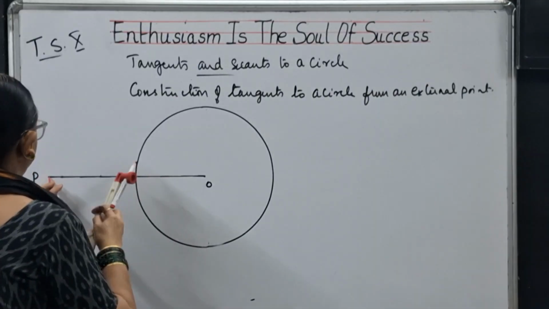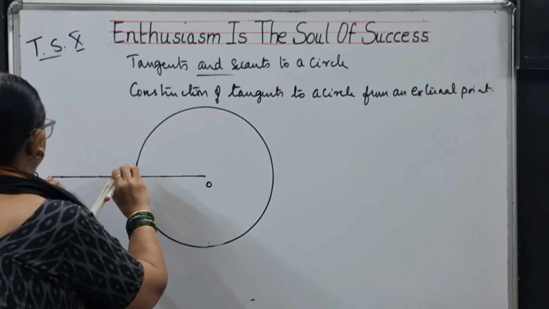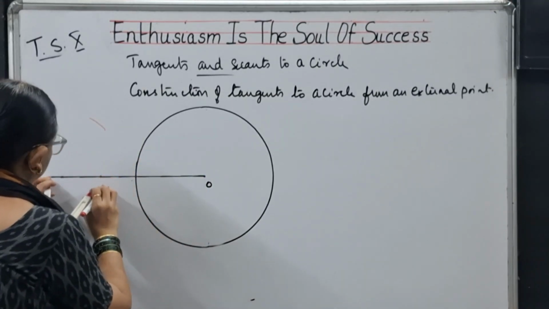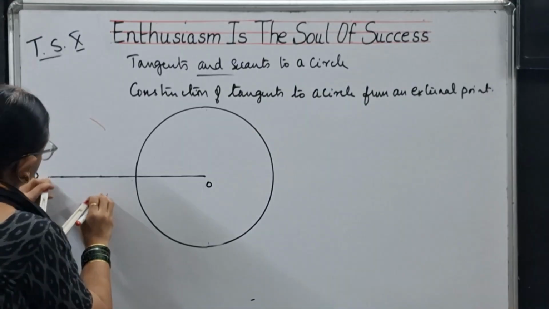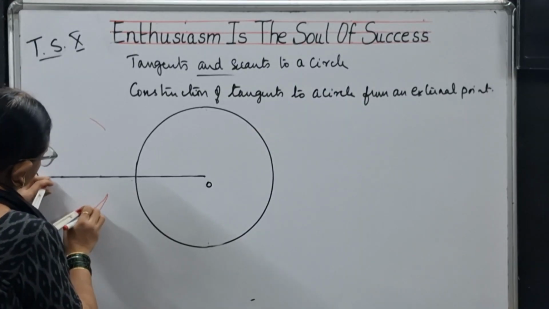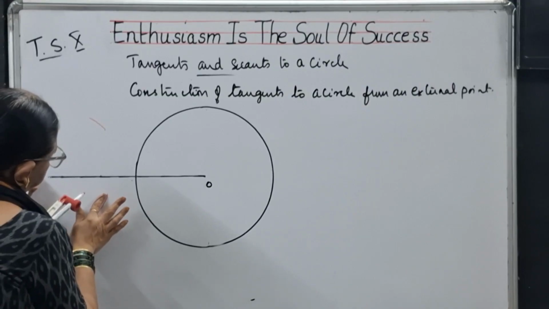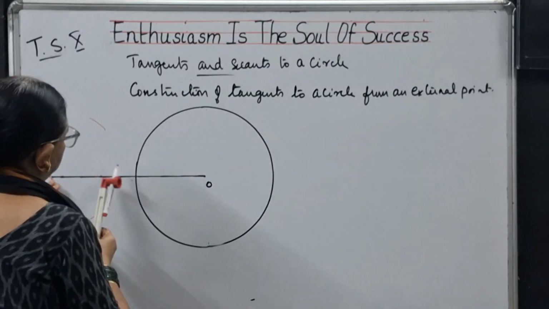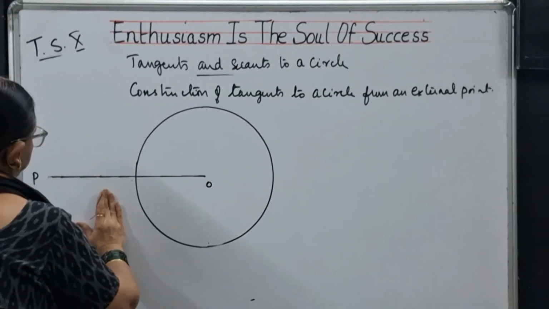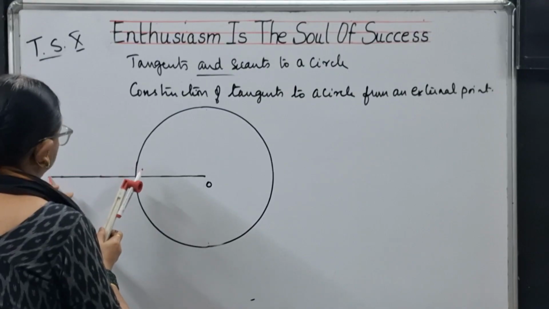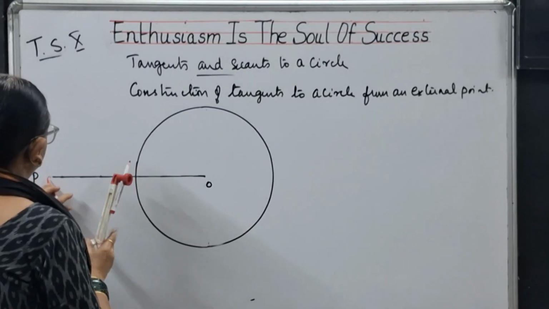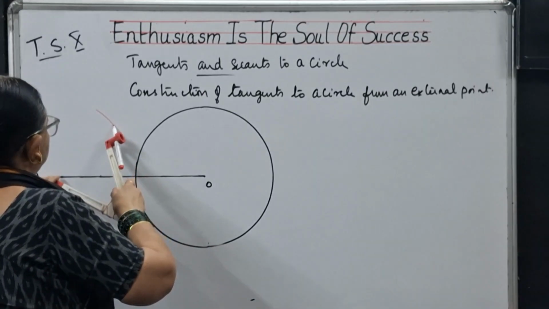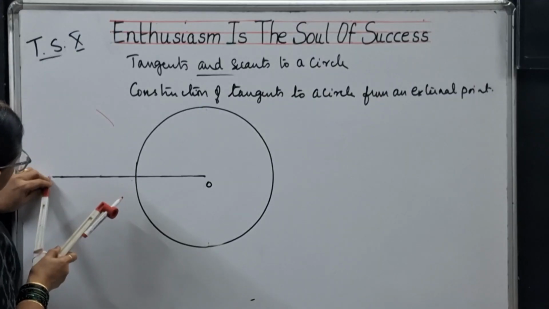How will you do it? Take more than half of OP as radius, with P as center, draw one arc here and one arc like this. It is slippery, children. I may not get it properly, but see how the construction has to be done. More than half you have to take. See, this is more than half. So with more than half of the radius, draw an arc like this as well as an arc here.